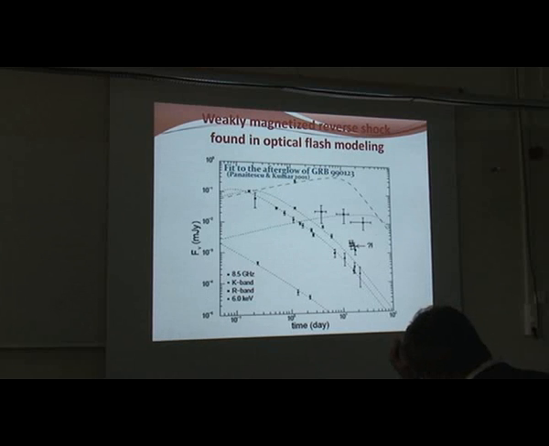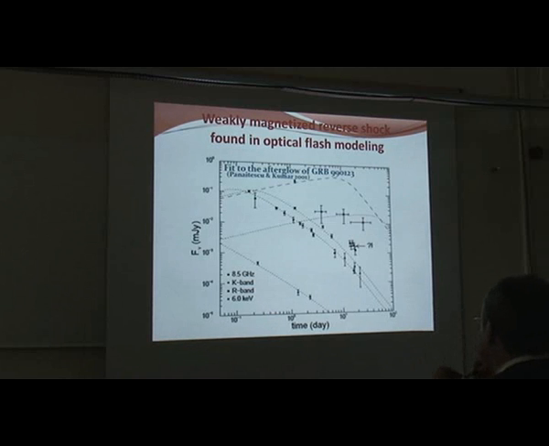In 2001, Panaitescu and Kumar published their fits to the late afterglow. At that moment, I was a master's student in Nanjing University. I just tried to reproduce the early optical flash with their best fit parameters.